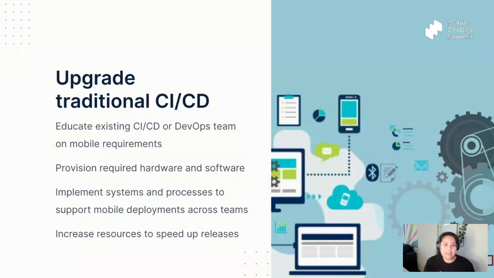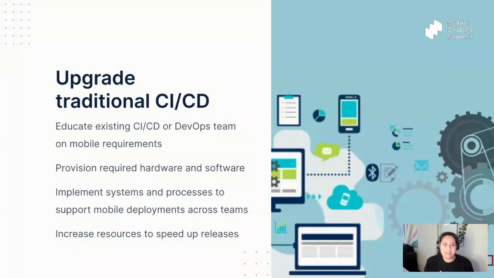You'll also need to implement systems and processes to support mobile deployments across teams. So if you do have a web or PWA team, an iOS team, an Android team, or if you are developing cross-platform with a cross-platform tool or a hybrid development tool, regardless, you'll need to make sure that there's strong communication and processes in place so that resources can be provisioned and deployments can go out without stepping on each other.